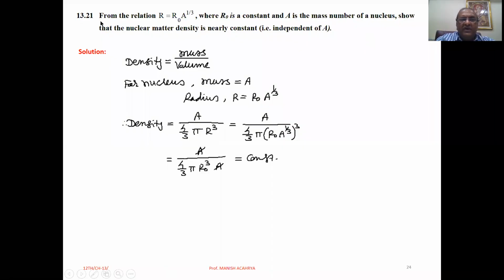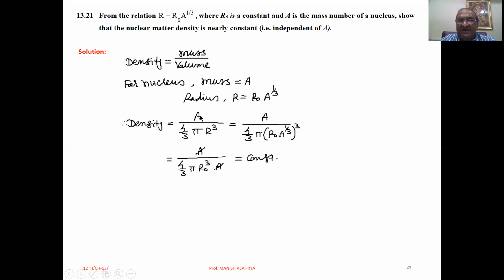Next, 13.21. From the relation R = R0 A^(1/3), where R0 is a constant and A is the mass number of the nucleus, show that the nuclear matter density is nearly constant, or independent of A. Density is mass upon volume. For the nucleus, mass is represented as A, and radius R = R0 A^(1/3).